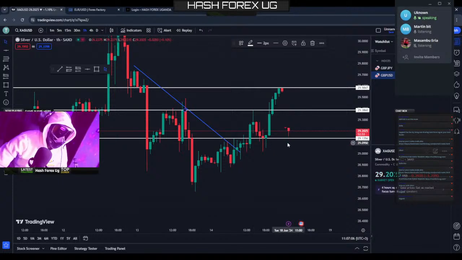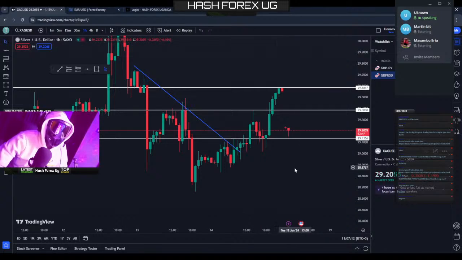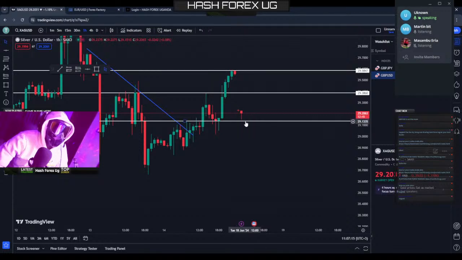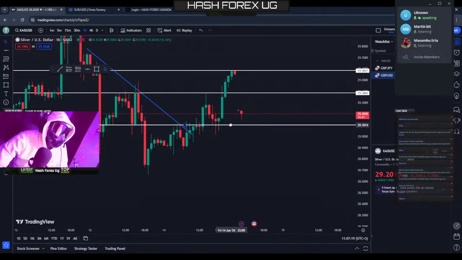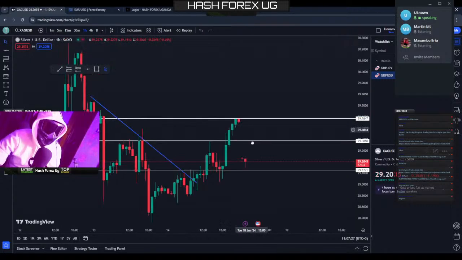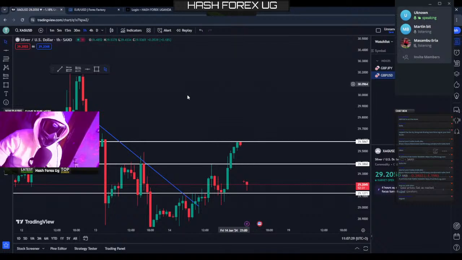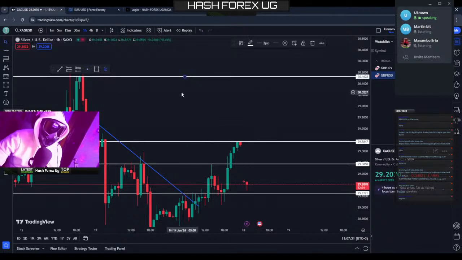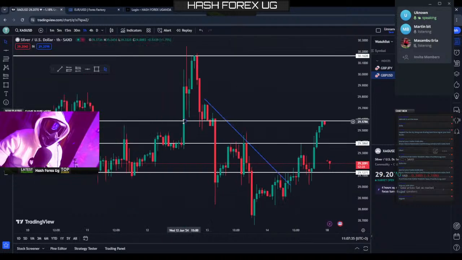So you need to get some kind of closures below this zone, and you might see it continuing downwards if we break that level. But if it respects it as support, and then you see it pushing upwards, you need to see it breaking this zone. If it breaks this, then you would see it buying up to that zone.